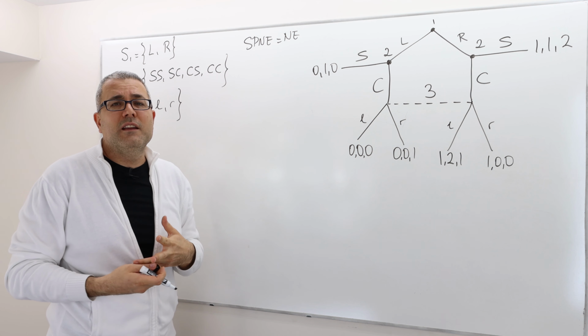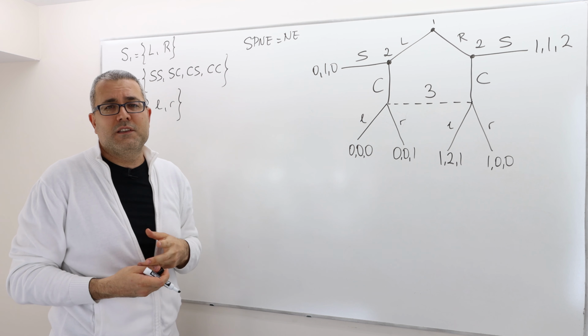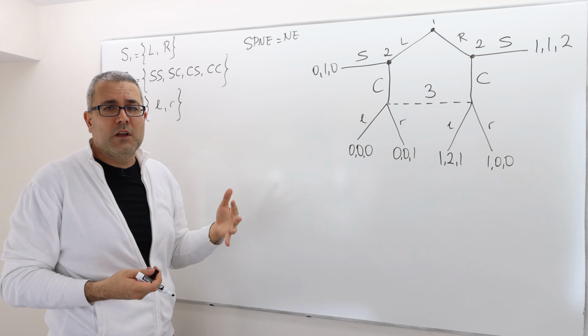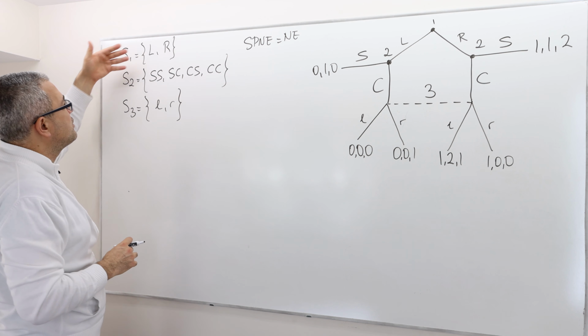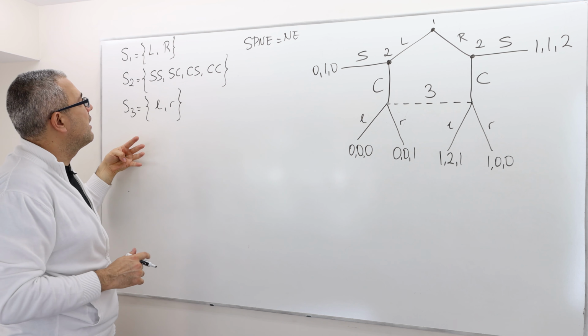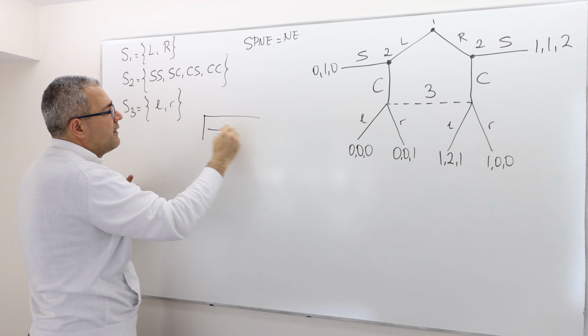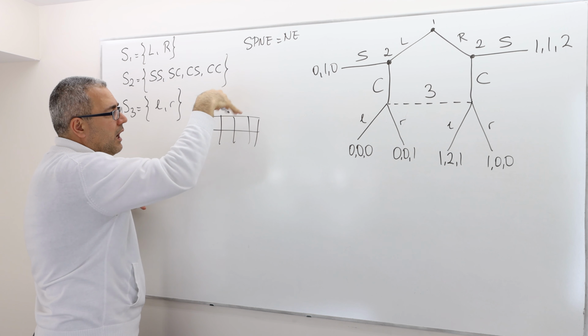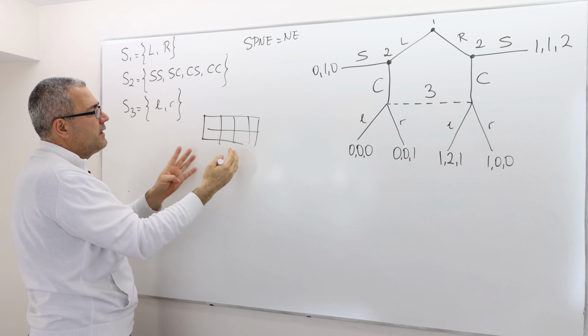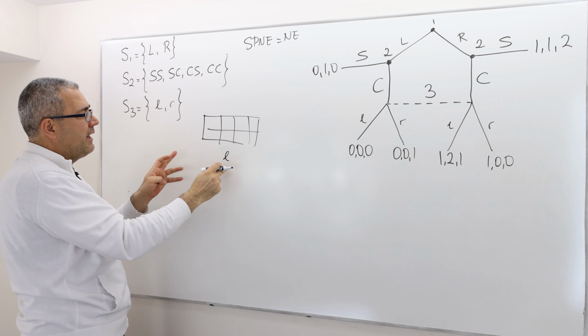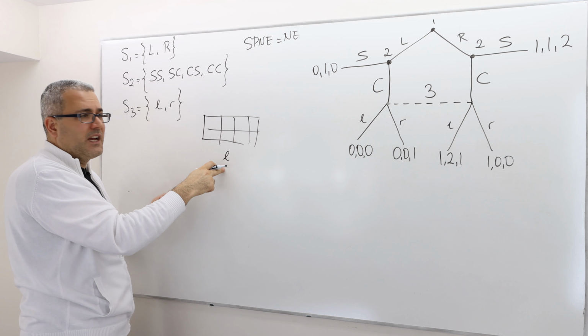Well, how do I find the Nash equilibrium strategies of this game? Well, simple. This is a 3-player game. Player 1 has 2 strategies, left and right. Player 2 has 4 strategies, so I need to create a matrix with 4 columns, 2 rows. This is going to be one matrix and it represents player 3's action l.